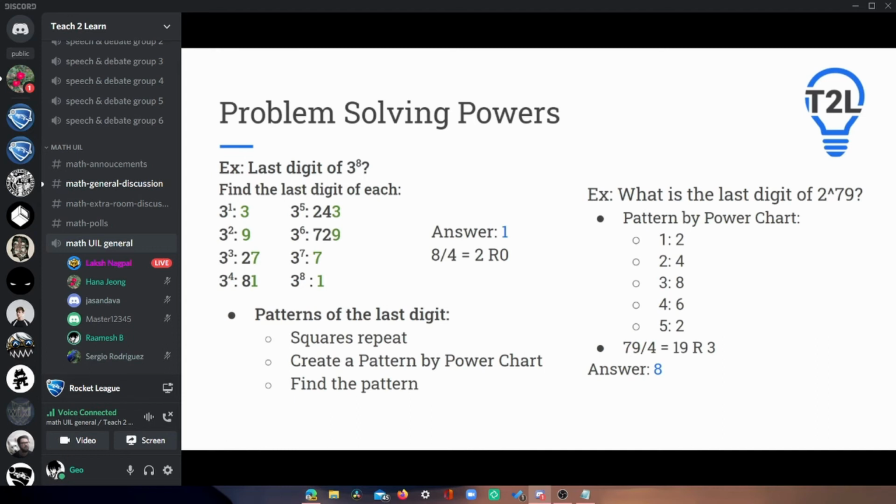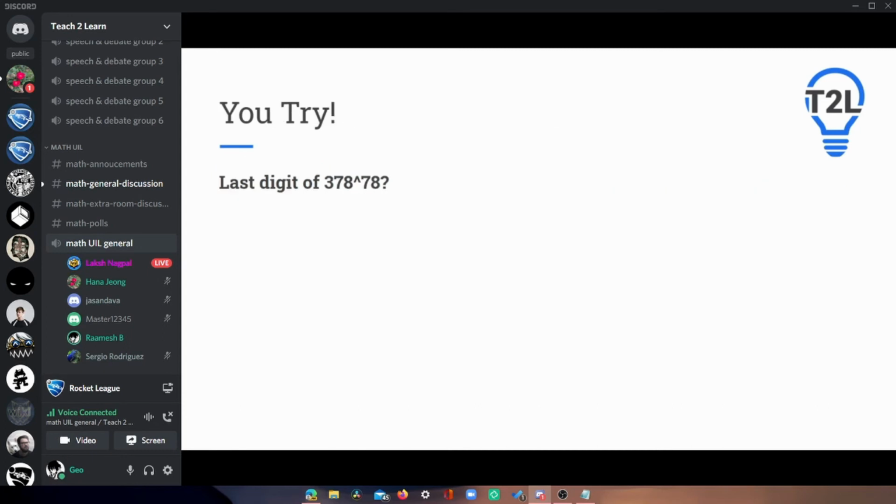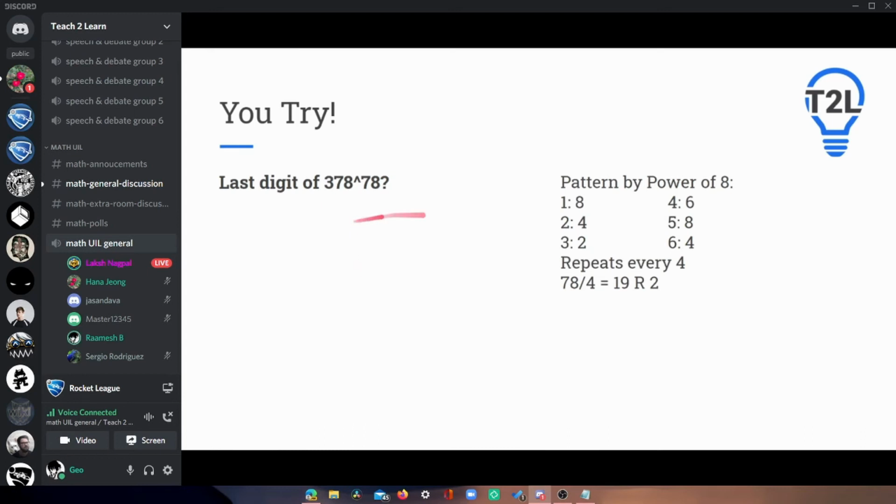You don't have to do this one because it's a different pattern for every base. For example, for the power of 8, you have 8, 4, 2, 6, 8, 4, 2, 6, and it'll keep repeating every time. It repeats every 4, that sequence. So 8, 4, 2, 6 repeats every 4.